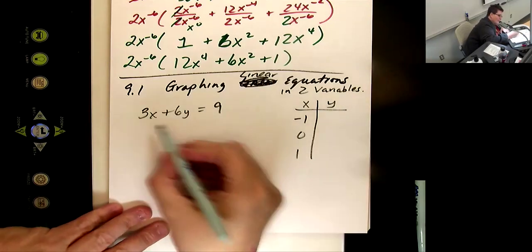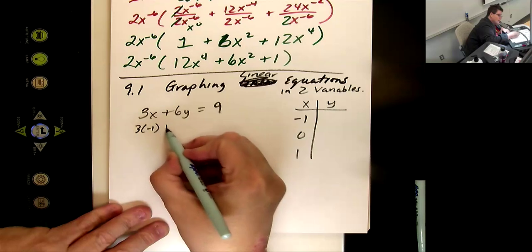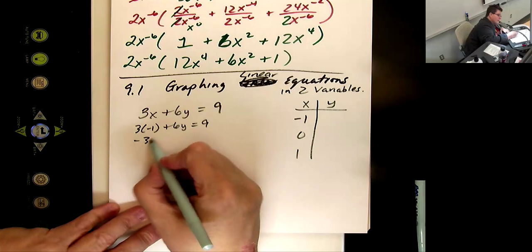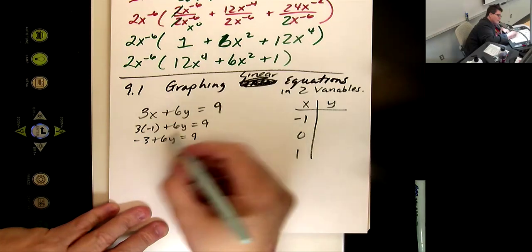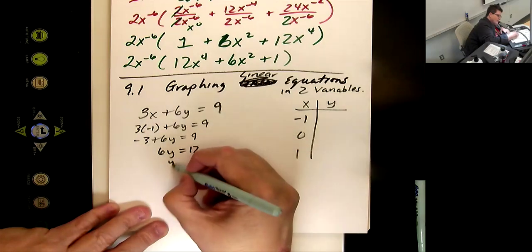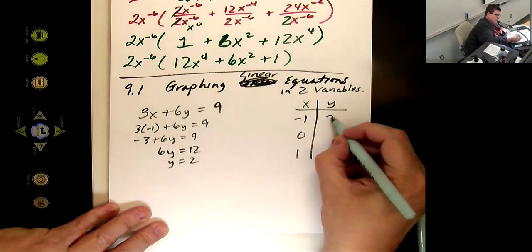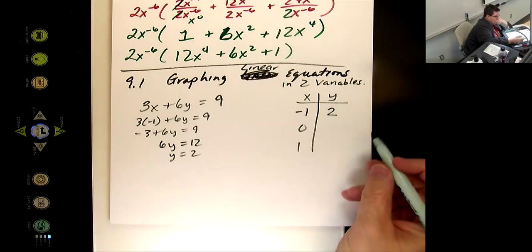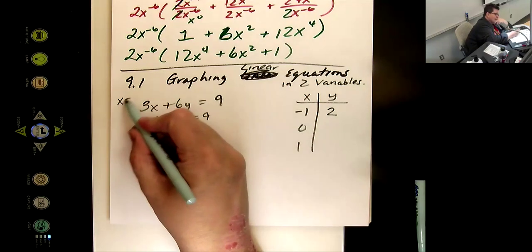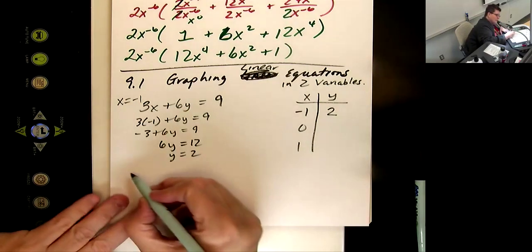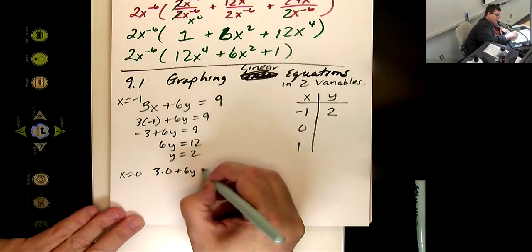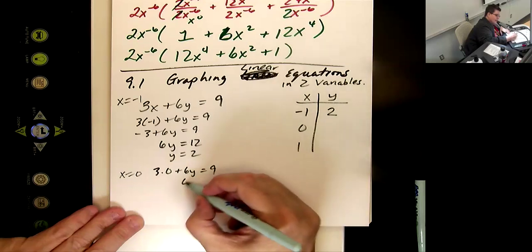So if I stick in -1 for x, I solve for y. Add 3 to both sides, I get 6y equals 12, y equals 2. So that's x equals -1. If I do x equals 0, 3 times 0 plus 6y equals 9 is just 6y equals 9.